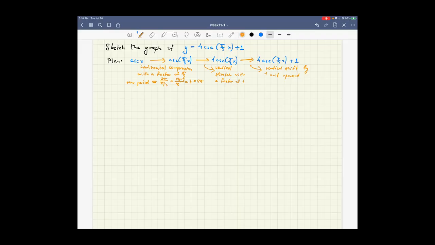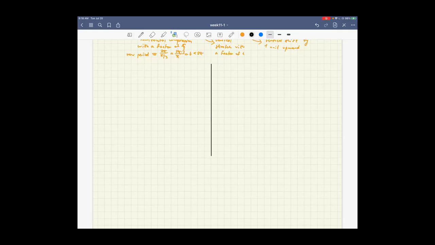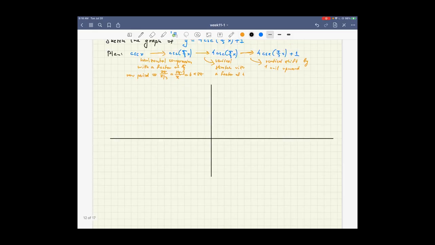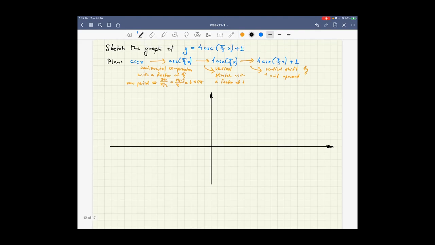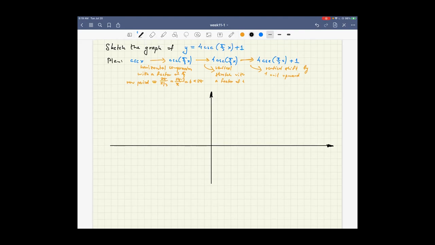And let's draw the graph of cosecant. We should immediately think about horizontal scale. I usually choose pi over 2 to be 3 squares, so pi is 6 squares.